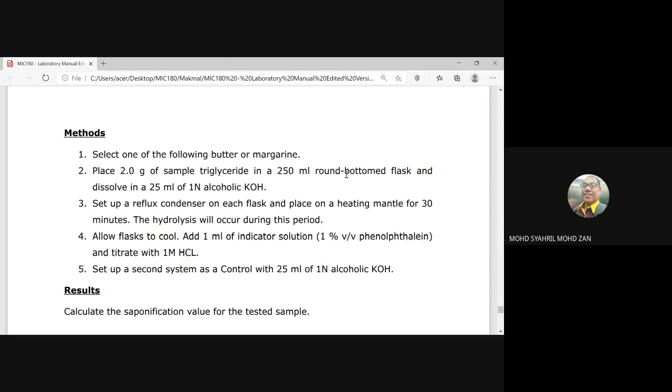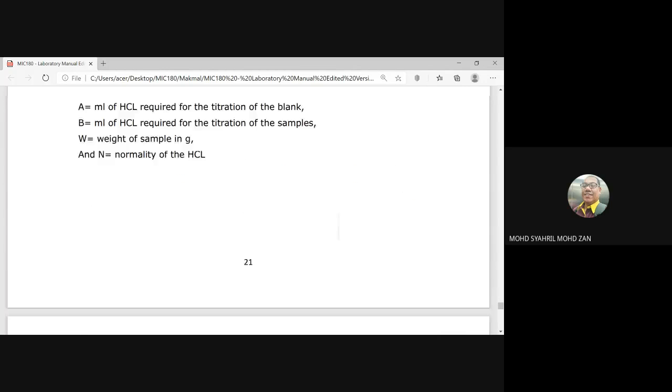Then dissolve in 25 ml of 1N alcoholic potassium hydroxide. Here we have found another number, which is N. So from here, W is 2 gram and N will be 1.